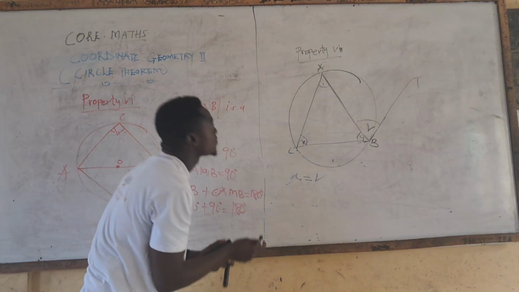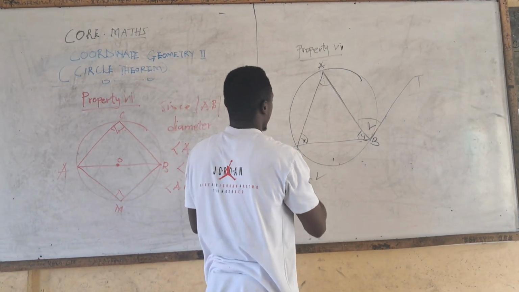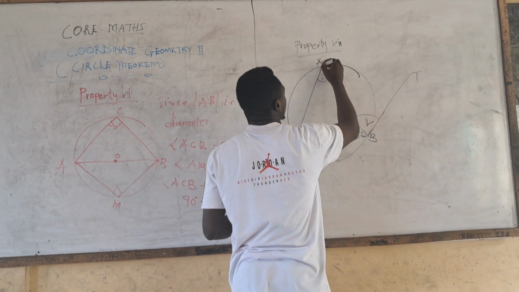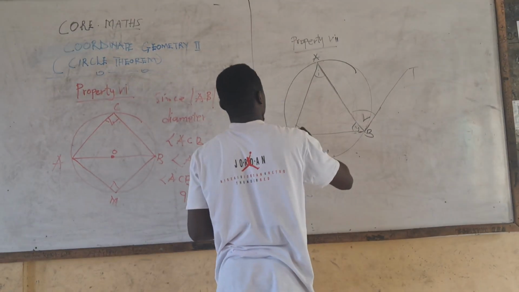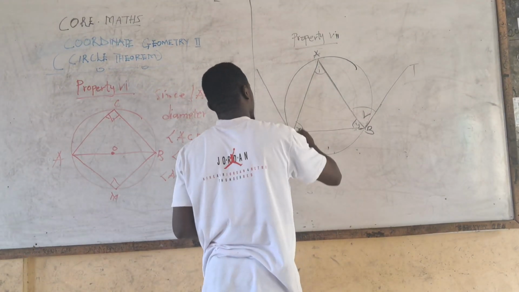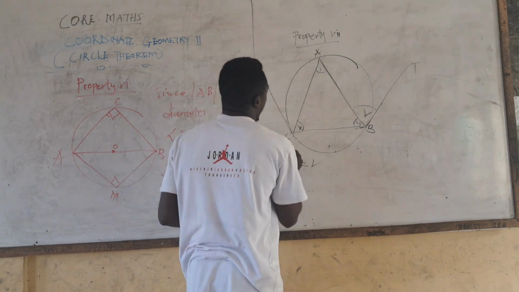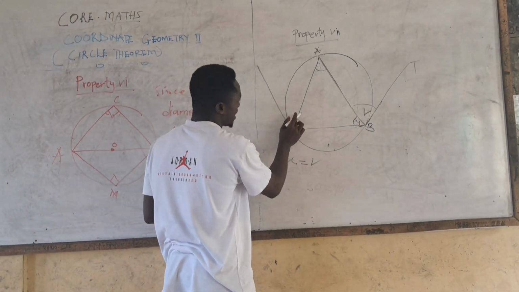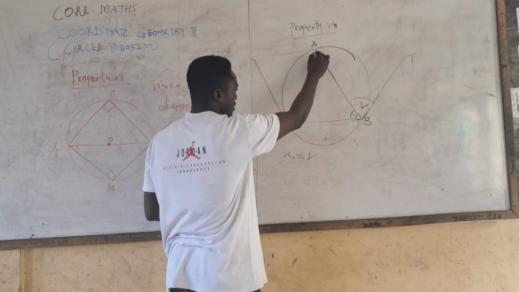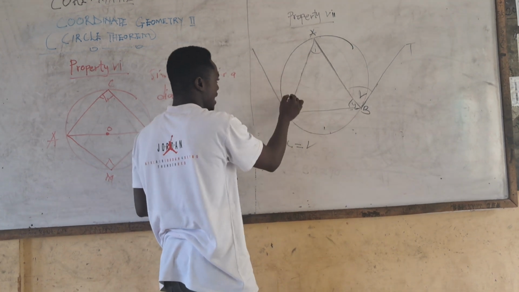Assuming we have another tangent line here. And you see a chord, there's a chord here. So this is a chord, and this is a tangent.